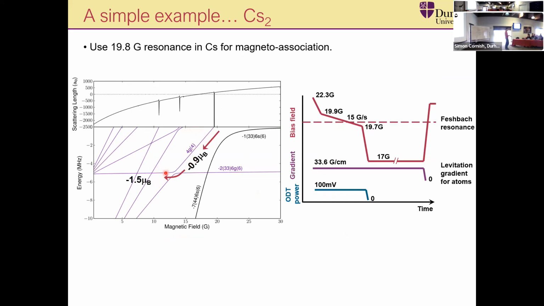So what do you think happens to the molecular cloud when we follow it? A question for the audience. Any ideas? I've even labeled the magnetic moment change. This state runs parallel to threshold, which means it has the same magnetic moment as the atoms. The atoms are over-levitated.